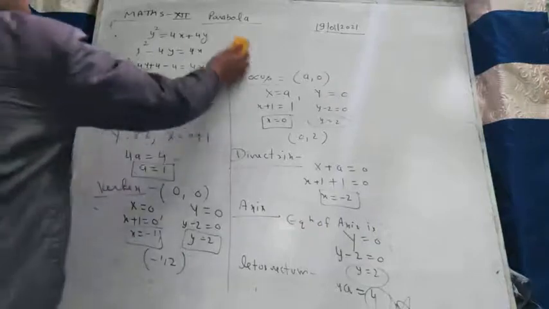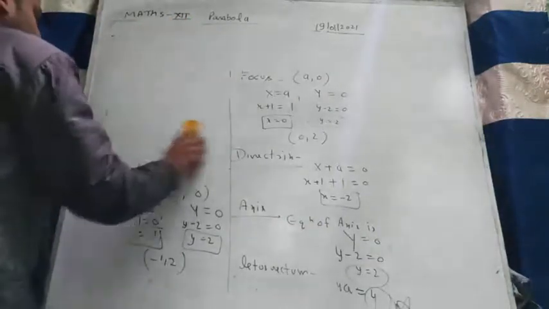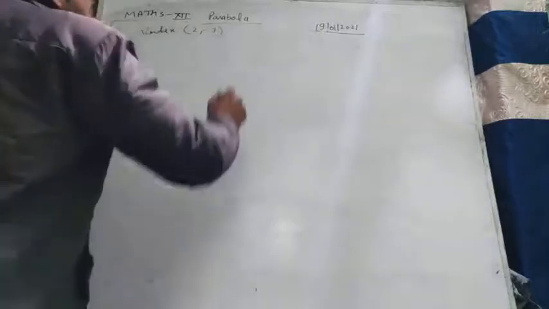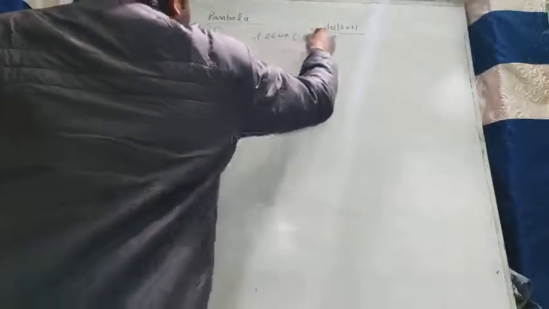Now we take another question. Let's see. The question is, student, find the equation of parabola with vertex 2, minus 3 and focus is 0, 5.